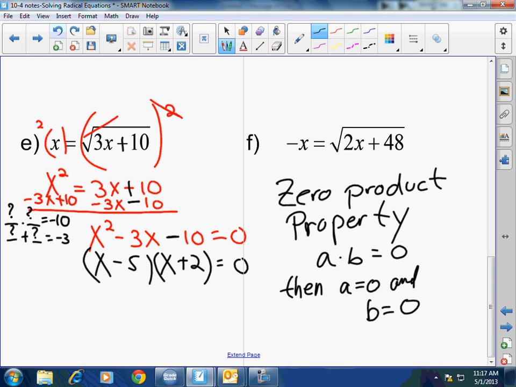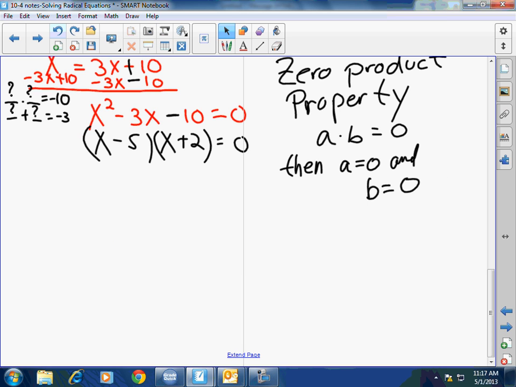So what is that saying? That's saying that when I have the product of several polynomials, two or 3 or 4 or 5 or 20, equaling 0, every single one of those factors must be set equal to 0.